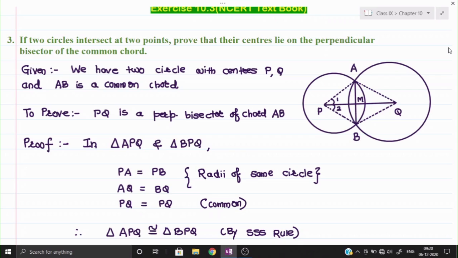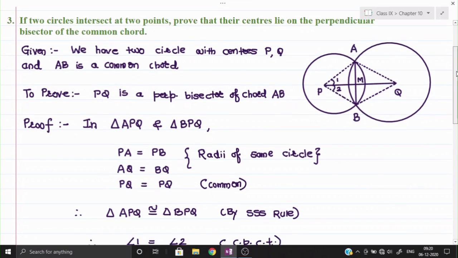Second thing we need to prove, PQ is perpendicular bisector, means perpendicular also we need to prove. So PQ should be perpendicular to AB at the point M. For that, already we have proved angle AMP is equal to angle BMP is equal to 90 degree. So we can say that PQ is perpendicular to AB. Already we have proved PQ is bisector. So if we compile both the things, we can say that PQ is the perpendicular bisector of chord AB.